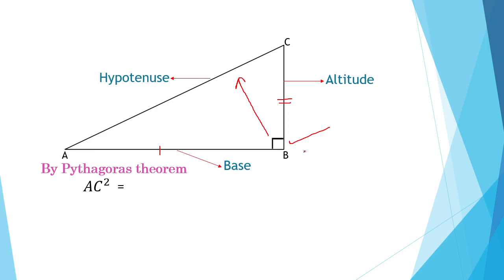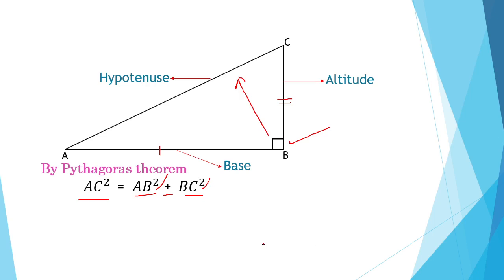So first side is AB square and second side is BC square, and we use plus. This is the Pythagoras theorem, and you have to remember it perfectly: square of hypotenuse is equal to the sum of squares of other two sides.